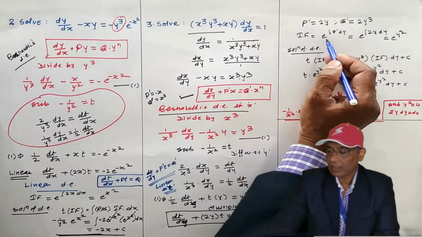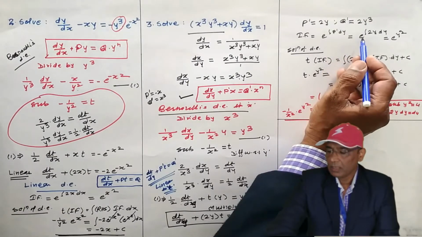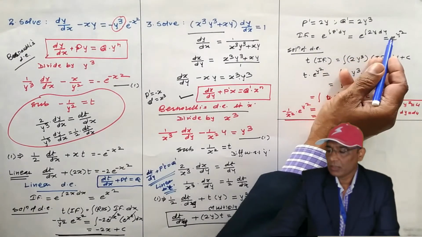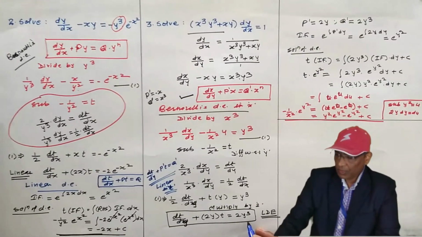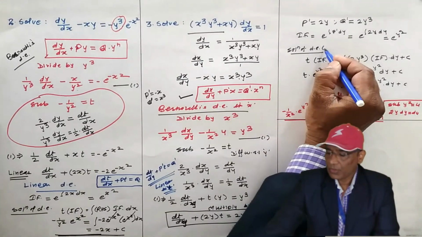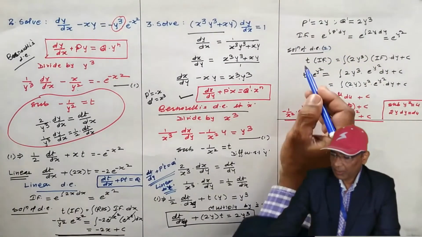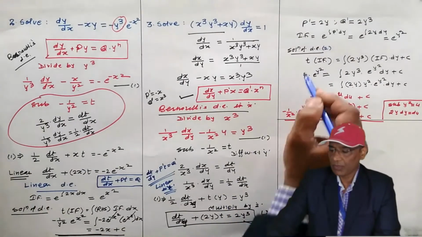Find the integrating factor using the integrating factor formula. Then integration of 2y is y square, so the integrating factor is e to the power y square. I am calling this equation 2. The solution of differential equation 2 is: t multiplied by the integrating factor, because this is a linear differential equation in t, we have to start from t.